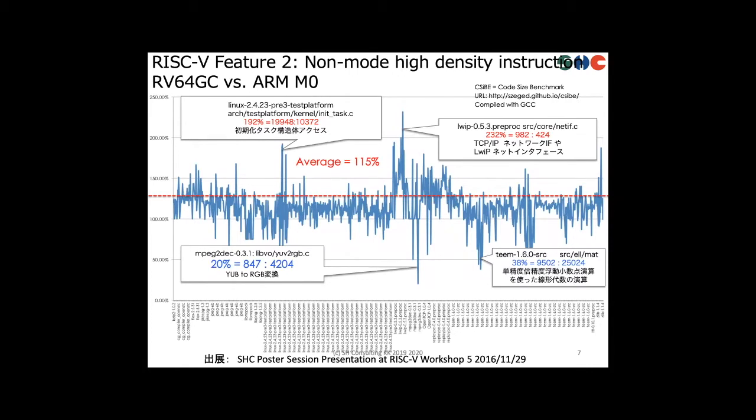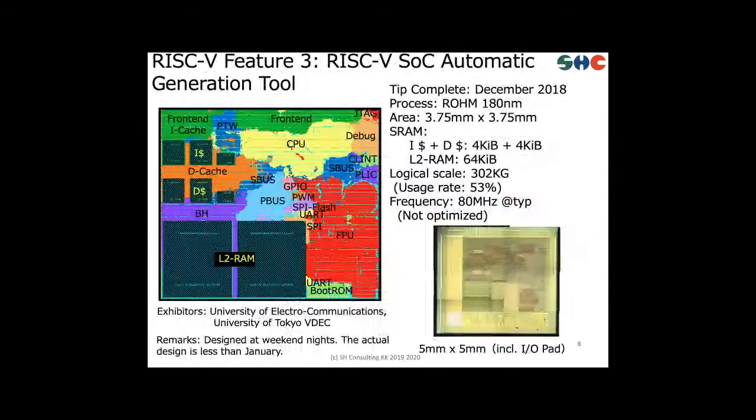When you use the compiler, it ends up very close to what ARM M0 is. So it's not that RISC-V requires more memory than ARM. In fact, it's probably less because of the way the high density instruction is configured.